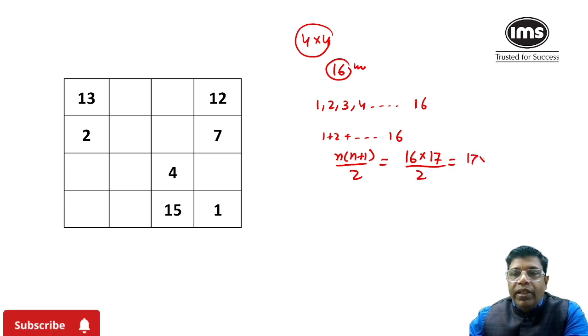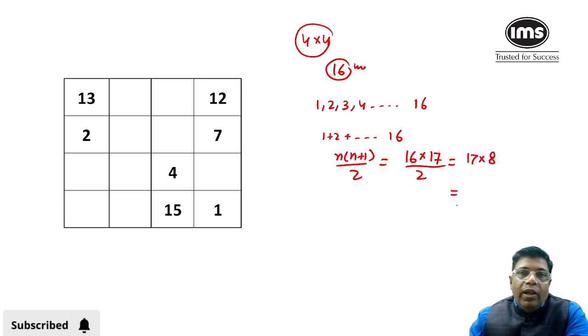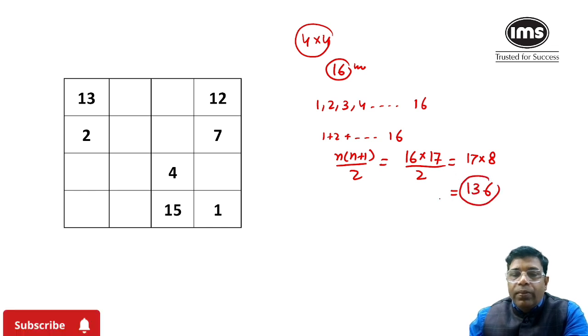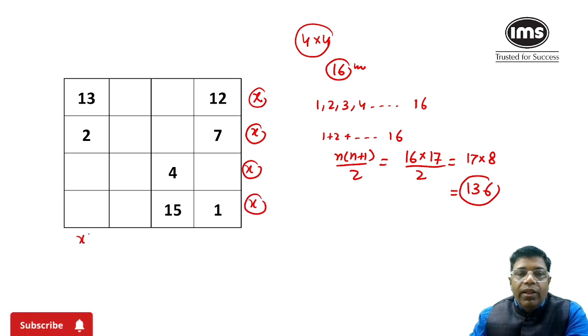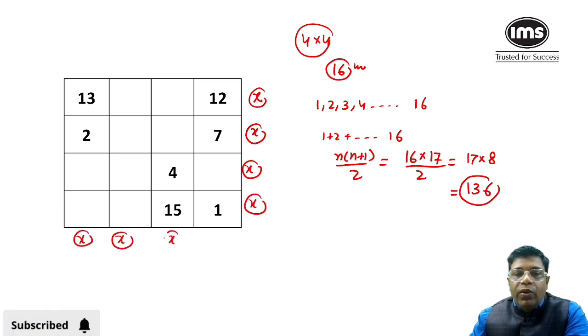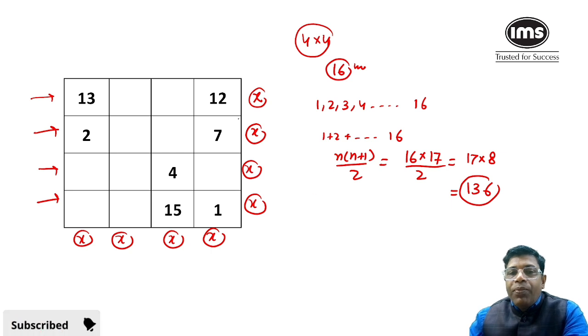So 17 times 8, and how much will it be? 136. अब आपको पता है, again, if you take the sum of all the numbers in the first row to be x, and similarly column-wise, if I take the sum of all these numbers to be x, since all these 4 rows will have all the 16 numbers used, I can say 4x should be equal to 136.